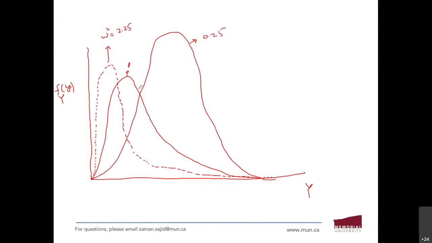Now, one thing you can notice here, if I have a smaller value of w square, our shape is closer to the normal distribution.